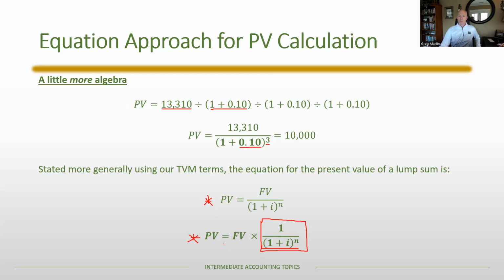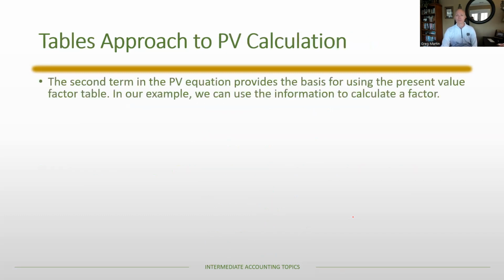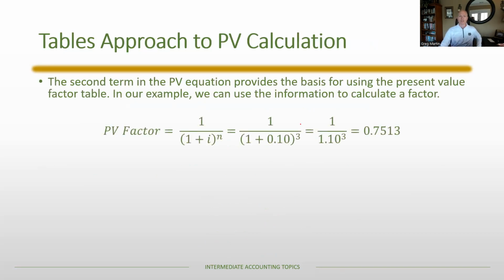If I have a future value, an interest rate, and an n, I can discount it back and get a present value. But this second term becomes really important when we think about our tables, because that is going to be our present value factor. That second piece is what we understand from our factor table. So applying that factor to our problem, we have a 10% interest rate and we're discounting it for 3 periods.